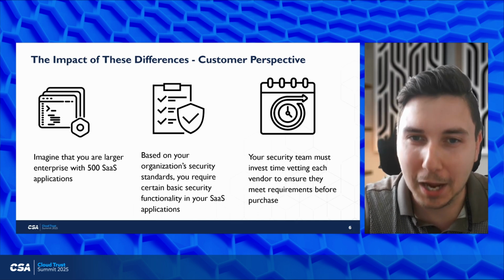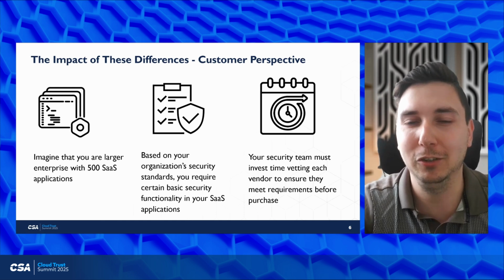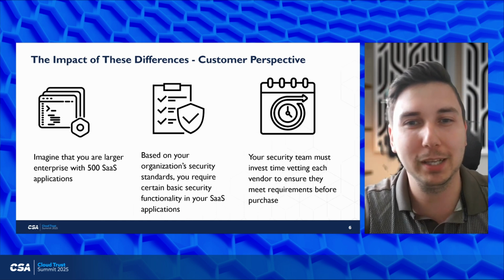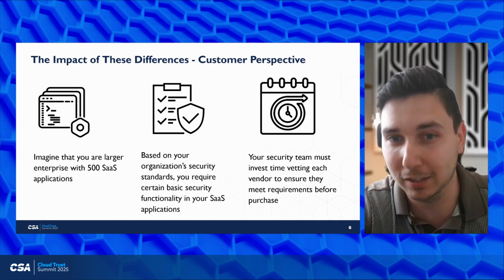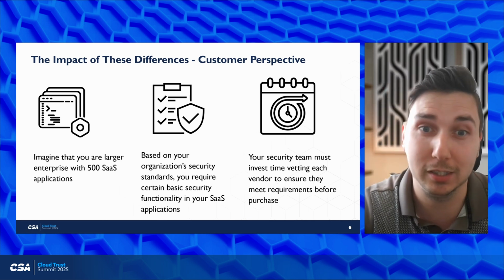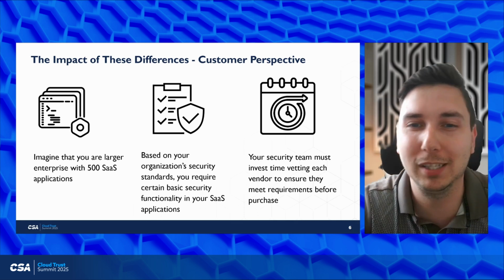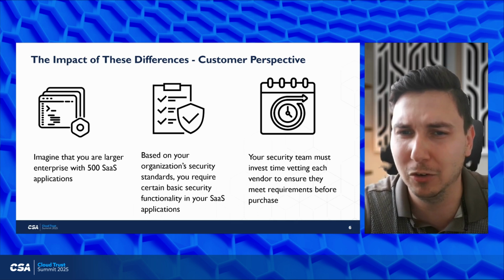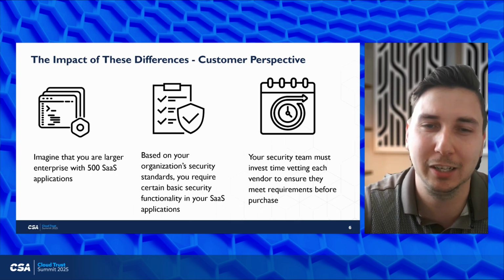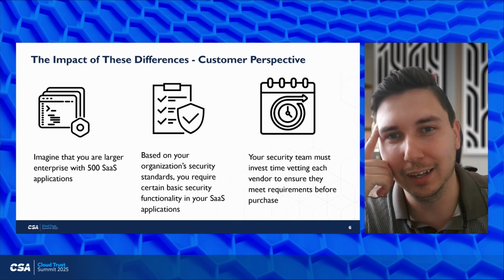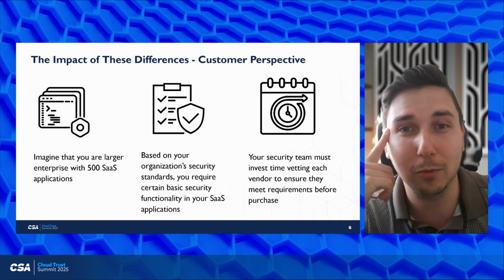So now every time you purchase a SaaS application, you or your GRC team or your security team must invest time vetting each vendor, looking at their security capabilities before they are purchased. This obviously increases the time that it takes to onboard new vendors and creates additional workflows for security teams. As you can imagine, the problems are quite obvious here.